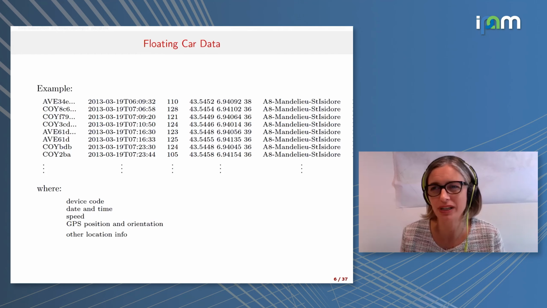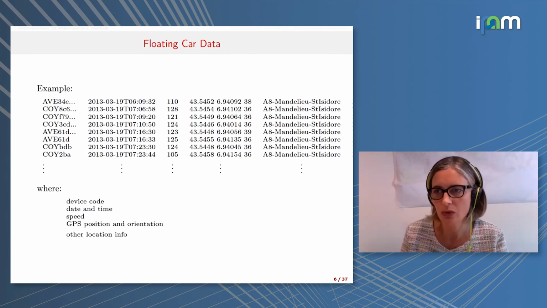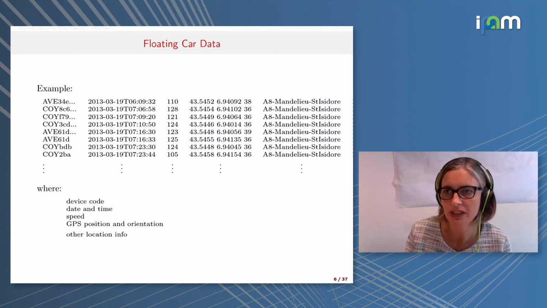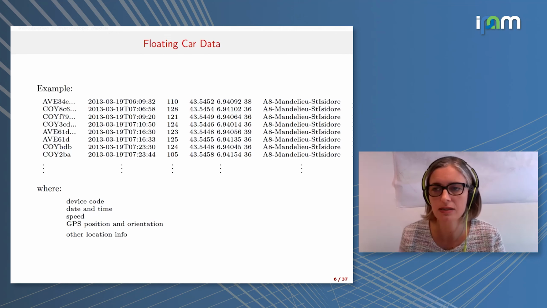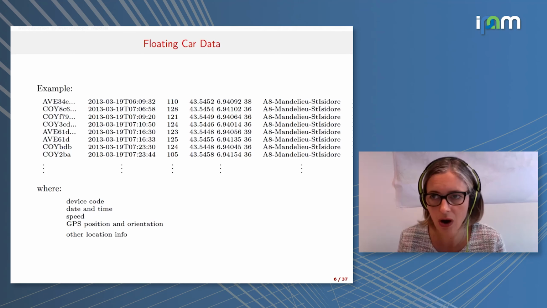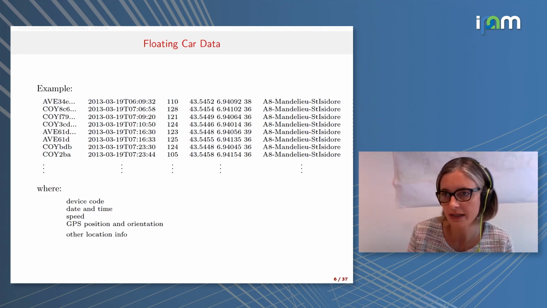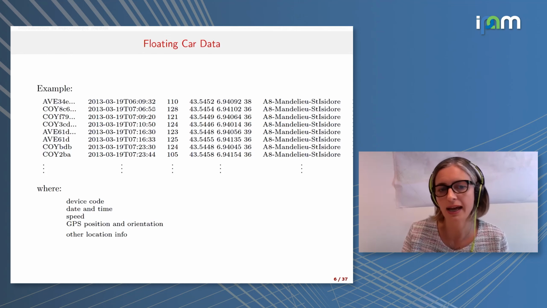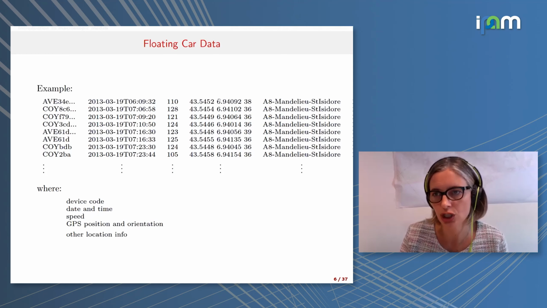And the penetration rate may vary a lot from one place to another, from one time of the day to another. So you hardly have the information on the amount of cars, but you have very precise information on the speed, that is this column here, and of course on the location. Here, these are the GPS location of the vehicle and the direction.